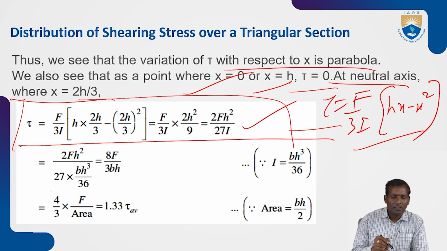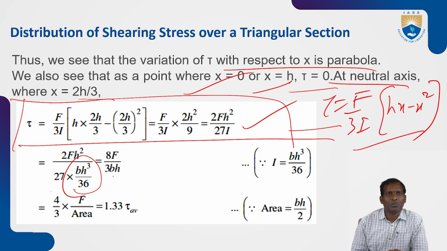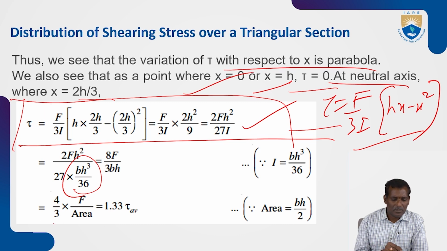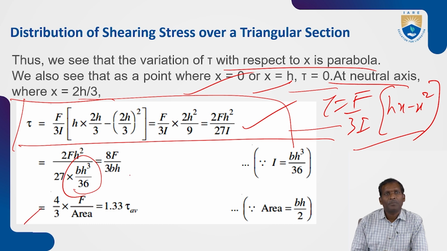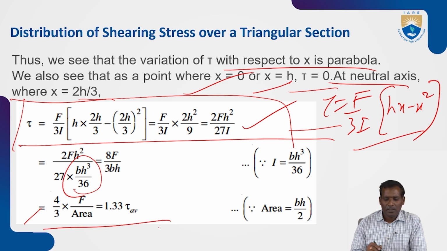Here again, substitute I as bh cube by 36. Substituting in the above equation, you will get the shear stress equal to 1.33 times the average shear stress.